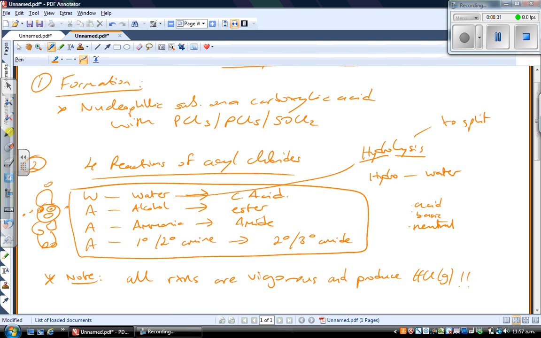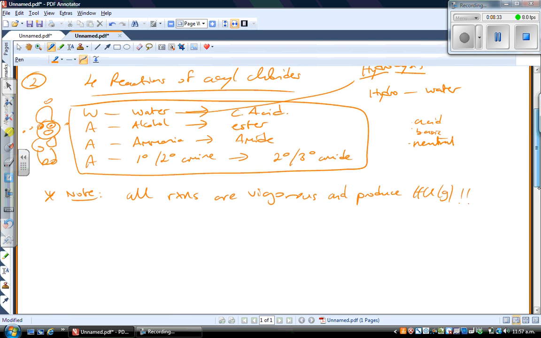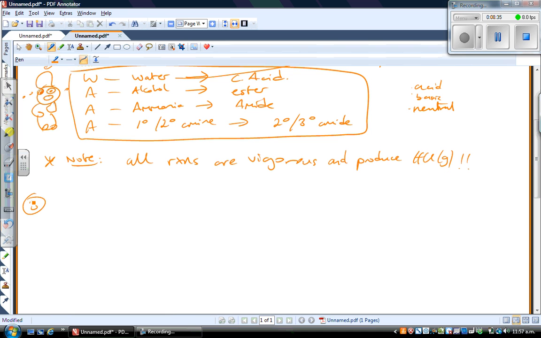The last thing to talk about here for acyl chlorides would be the tests to identify them. The ammonia test is quite a common one. So what you do here is you just need to simply have concentrated ammonia.